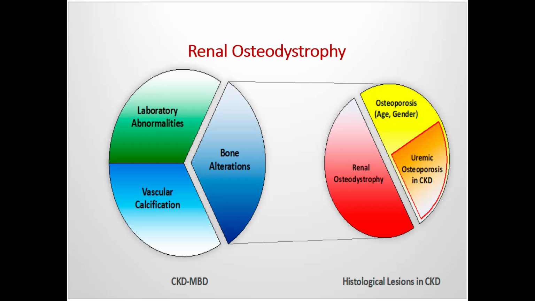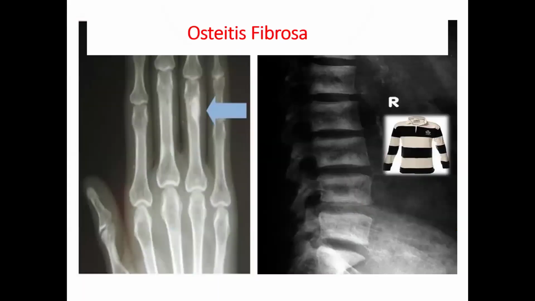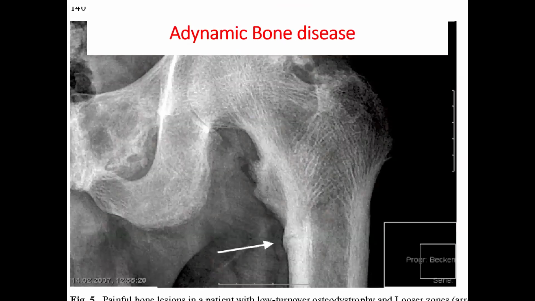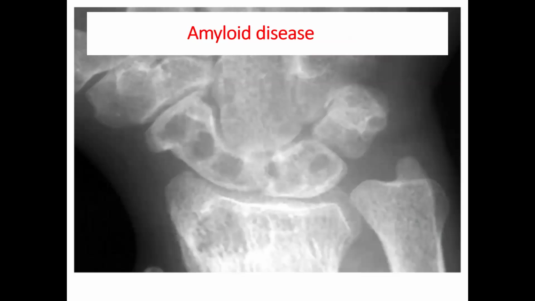You will find them in the palliative section of my presentations for end-stage renal disease, if you need more details. But it can cause what we call osteitis fibrosa, osteomalacia, adynamic bone disease, and amyloid disease.